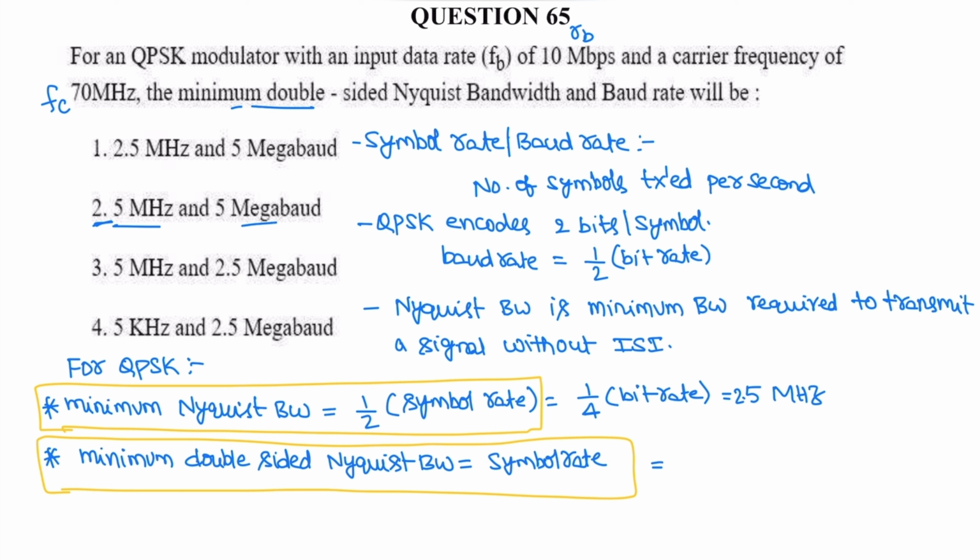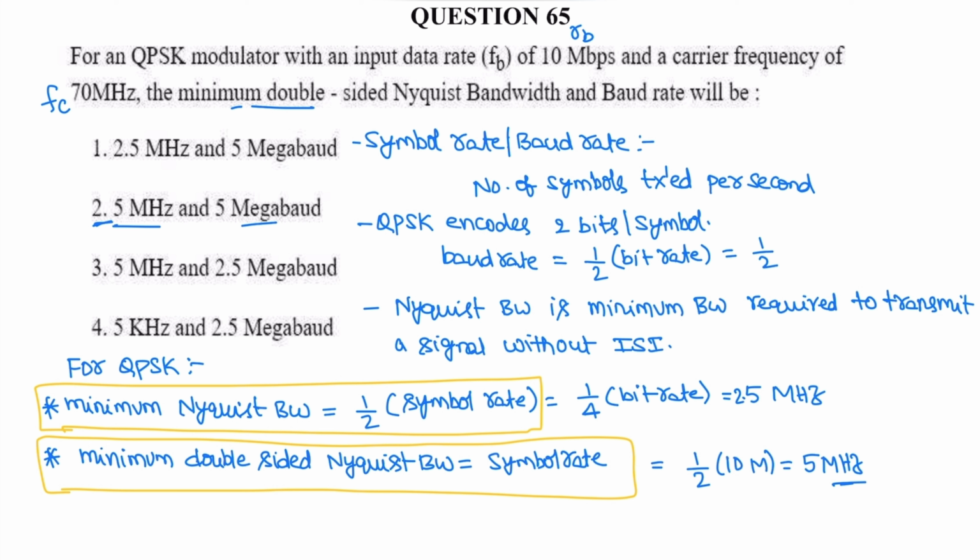The symbol rate is half of the bit rate, half of 10 mega, which will become 5 megahertz. So the bandwidth is 5 megahertz.